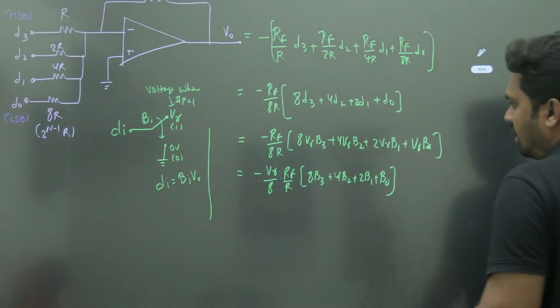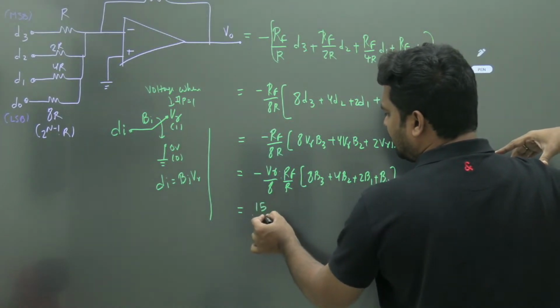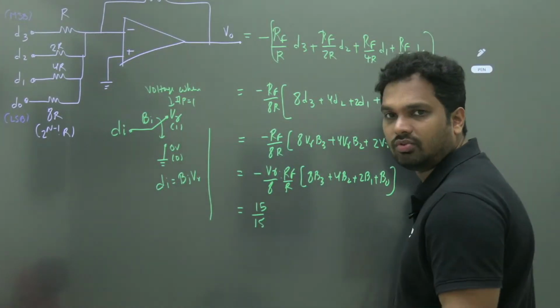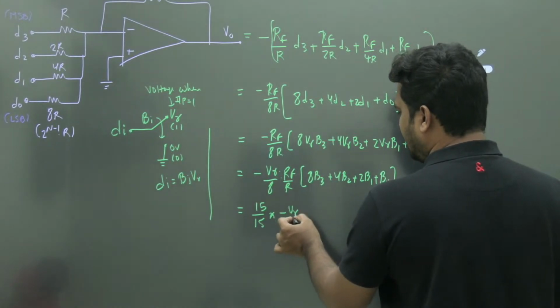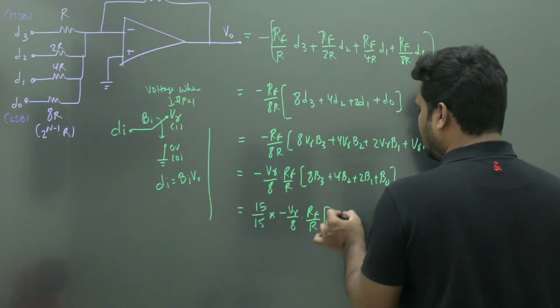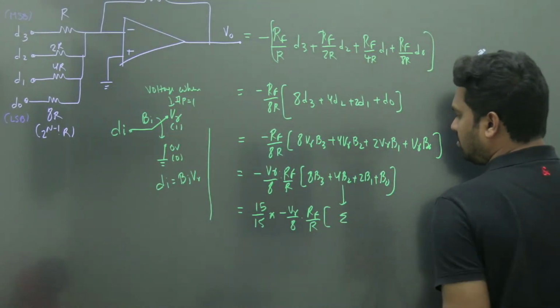Right. So here, just for the sake of mathematical convenience, I multiply with 15, divide with 15. Is there any issue? No, sir, because 15 by 15 will give you 1 only, into minus VR by 8 into RF by R into 8B3 plus 4B2 plus 2B1 plus B0.